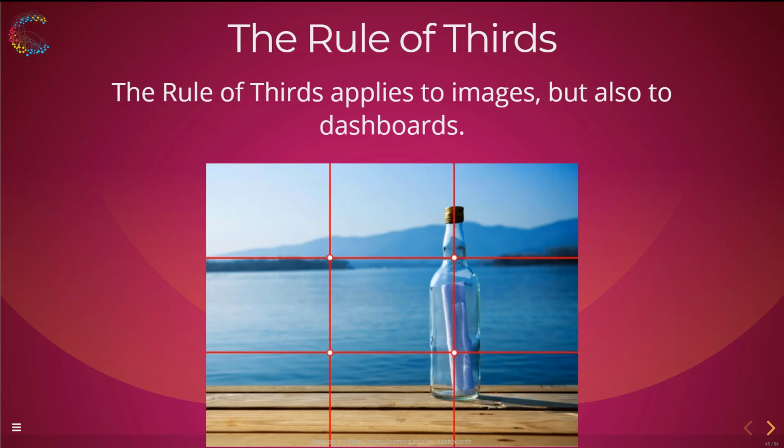Also, if you're doing landscape work, you may notice that in a lot of landscape photography, the horizon is going to be one of those thirds. So in this case, the horizon is the top third. And we see that mountain in the distance. We see the water coming up to the third.